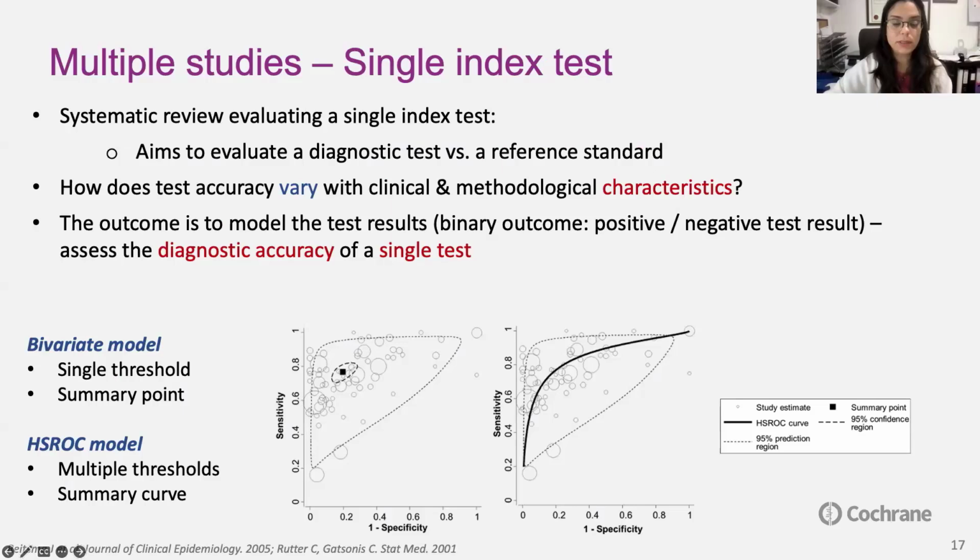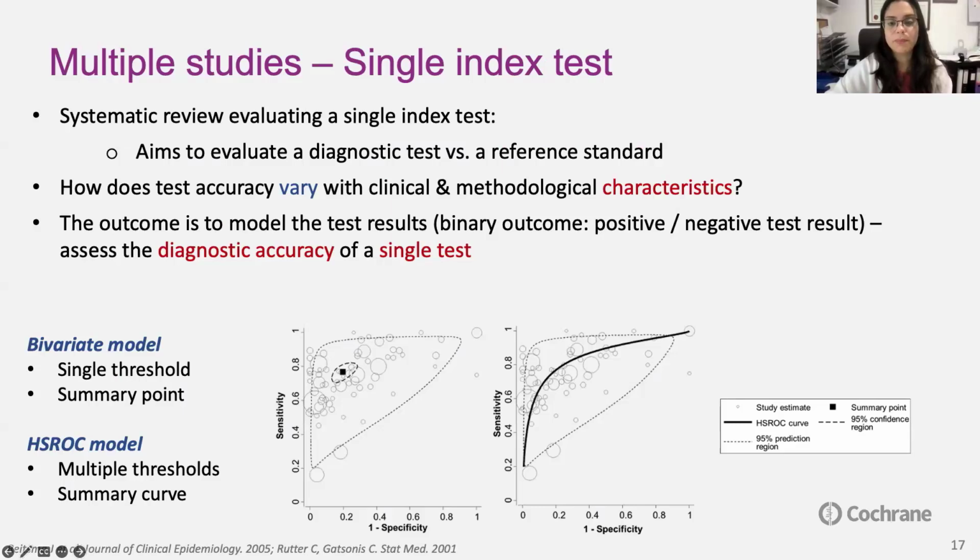Now, both models use data on a single sensitivity and specificity pair from each study for a single index test. But also both models allow for within and between study variability, that is the heterogeneity.